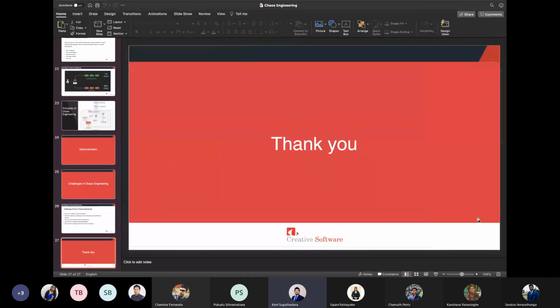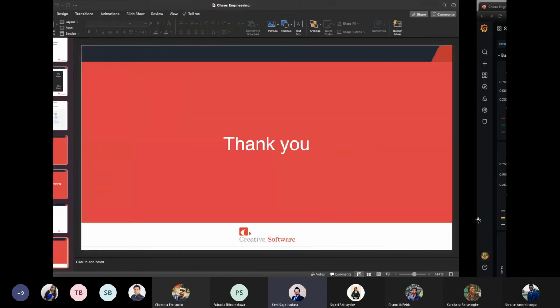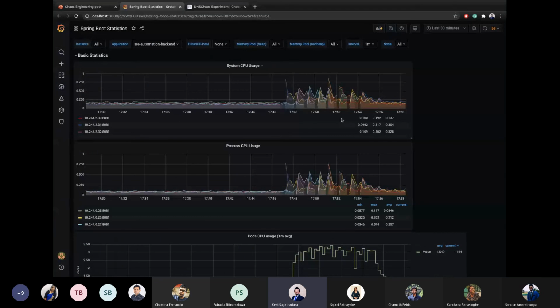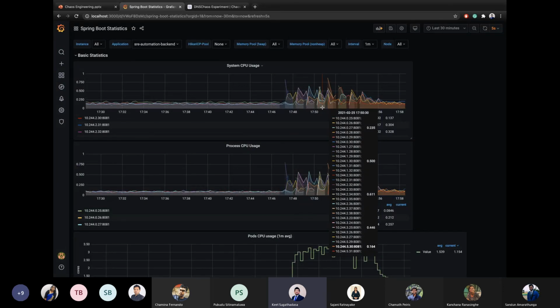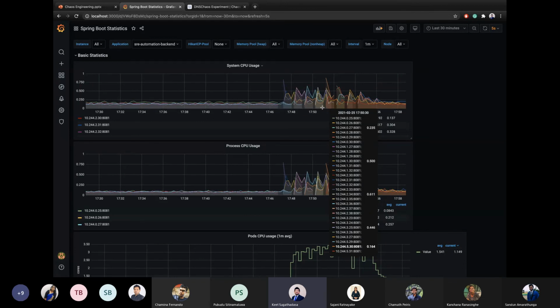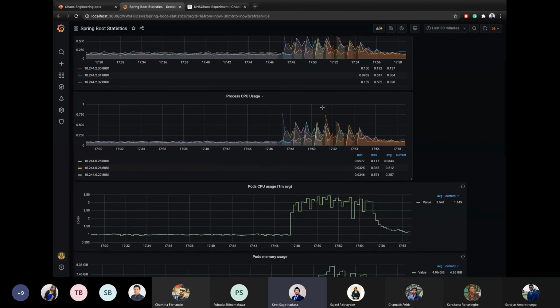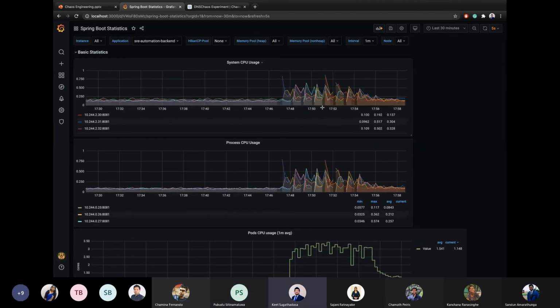Chaos Mesh is only a toolkit that allows us to run chaos engineering experiments continuously. In this, we spun up a Kubernetes cluster, deployed these dashboards and the metric collection systems, and deployed a certain service. And from a different side, we are inducing the traffic so that we can see the demonstration live with real user traffic. Chaos Mesh is just a toolkit that helps us do the experiments.